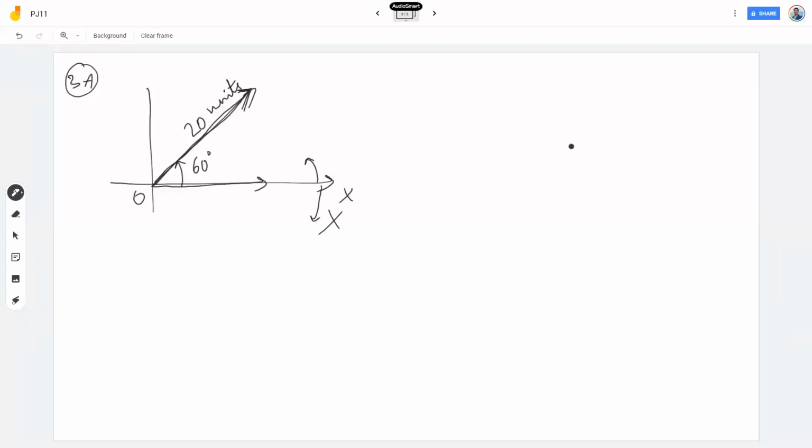Resolution. Okay, so x component is equal to, you have the magnitude 20. To find x component, you need to know the angle made by the vector with x-axis. So the angle made by vector with x-axis is 60 degree. So x component is 20 into cos 60 degree. Cos 60 degree is half. 20 and half is 10 units. Okay.